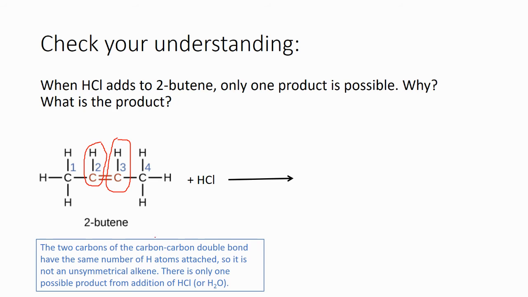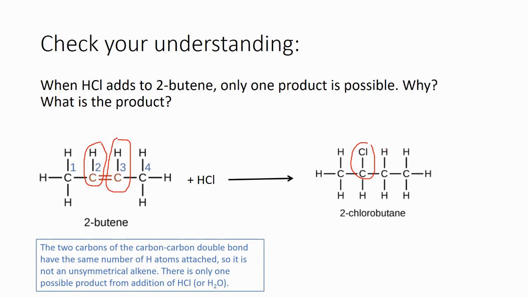There is only one possible product because it doesn't matter which carbon the hydrogen bonds to or the chlorine bonds to, they're going to be exactly the same. So this is carbon 2 here. If we count from this end, 1, 2. But if we count from this end, 1, 2, 3, it's also carbon 3. So because the molecule is symmetrical, there's only one possible product.